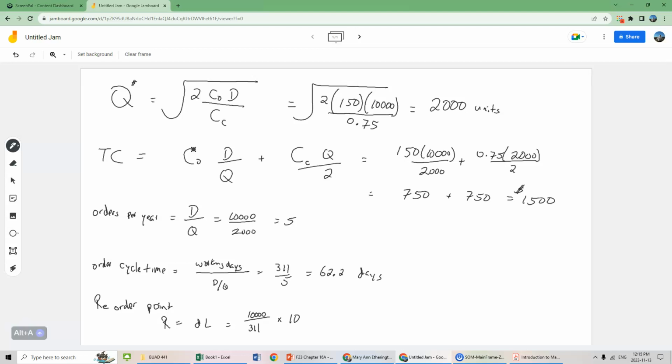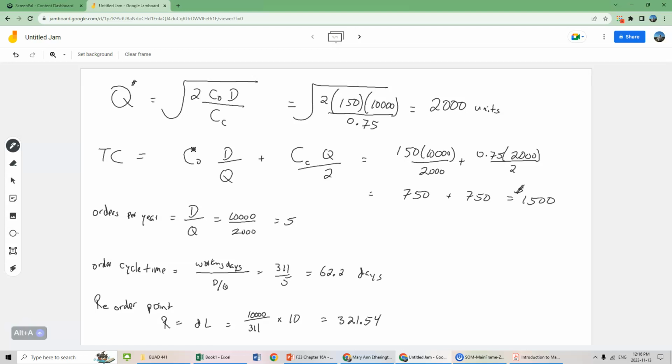So 10,000 units divided by 311 days times 10 days gives us 321.54 units. Basically, that tells us that when our inventory gets down to that point, that's when we should place that order. Then over the next 10 days, our inventory will go down to 0, but just as it hits 0, we get a new order of inventory items, and we're back to that full level.